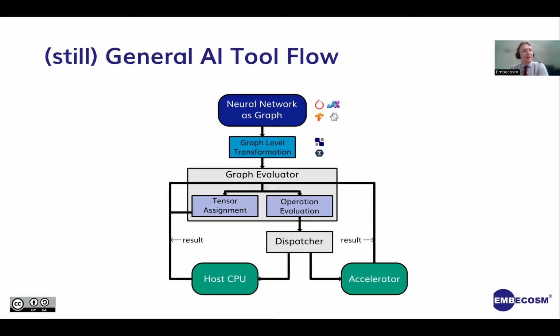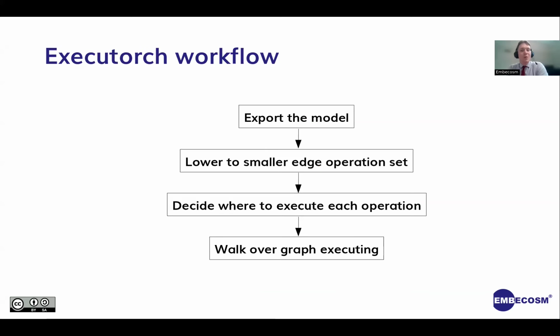And the workflow for getting Executorch to work within PyTorch is as follows. We take our PyTorch model and export it to PyTorch's serialized model format. As part of this, we do the very critical step of lowering the extremely large set of possible PyTorch operators down to a much smaller set of atomic operators that Executorch can work with.